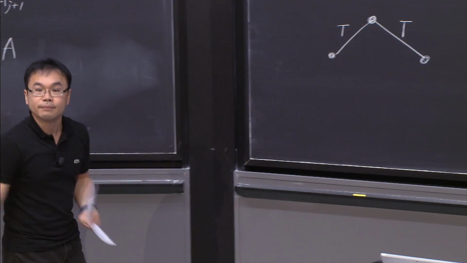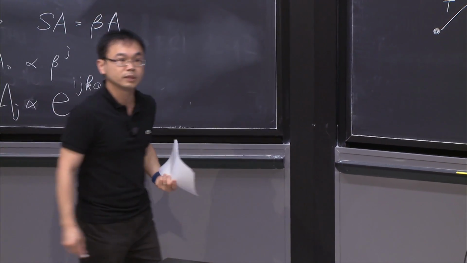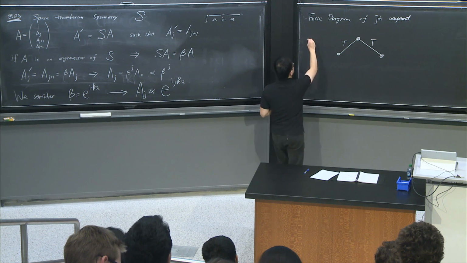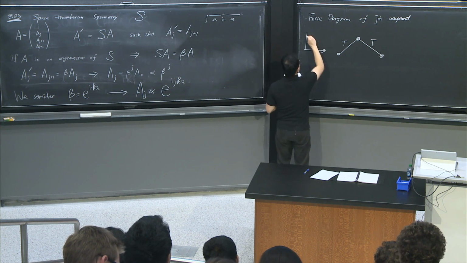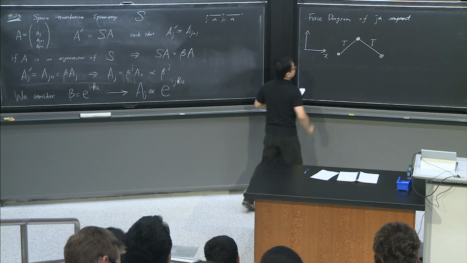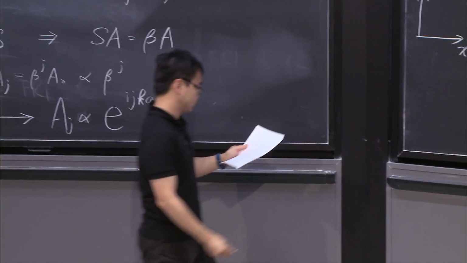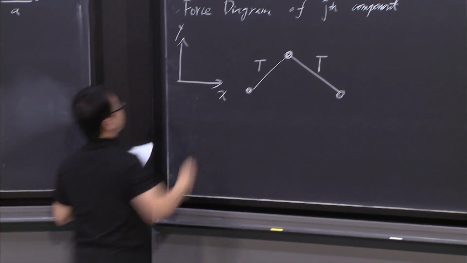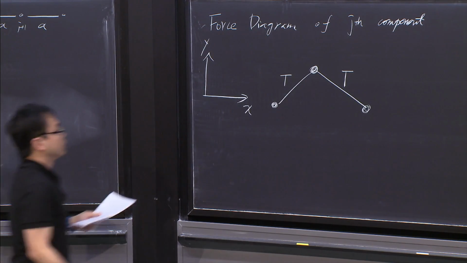So in order to describe this system, I need to define my coordinate system, as usual. What is the coordinate system I'm going to use? I need to define the horizontal direction to be x, and the vertical direction to be y.